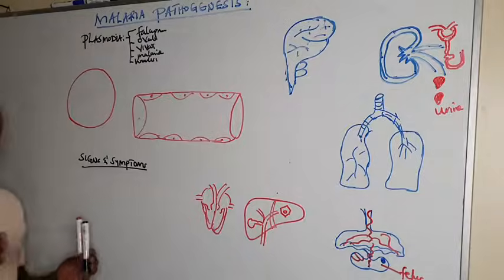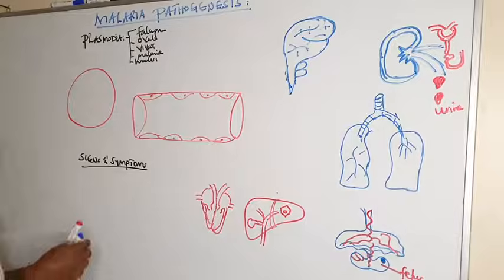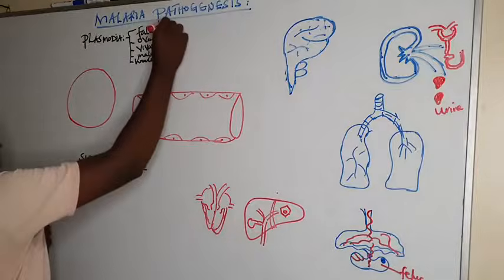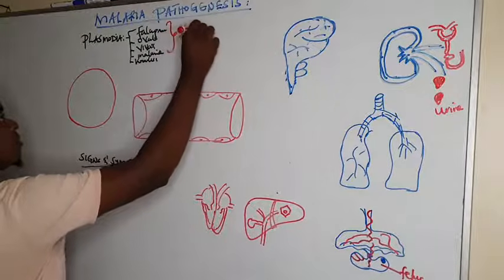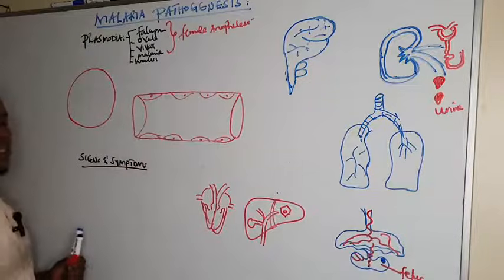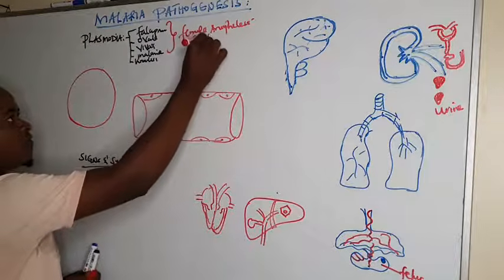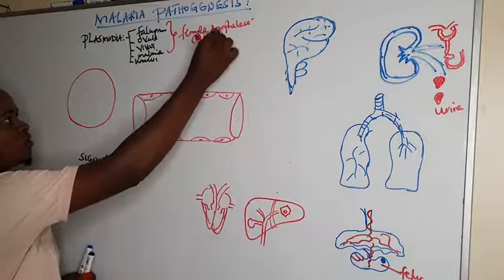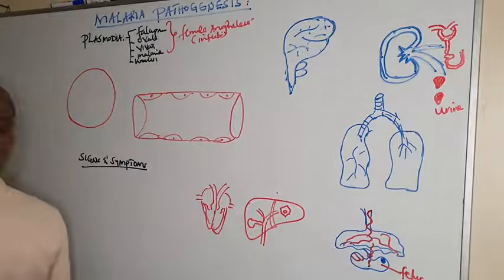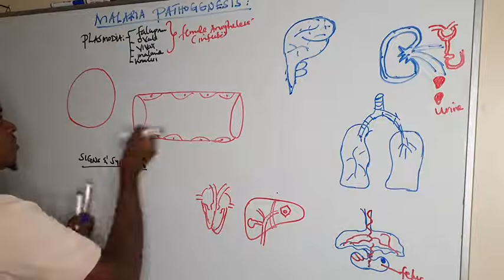These are transmitted by the female Anopheles mosquito when it is taking a blood meal. So the infective female Anopheles mosquito, we saw that it injects the infective stages, what we call the sporozoites.